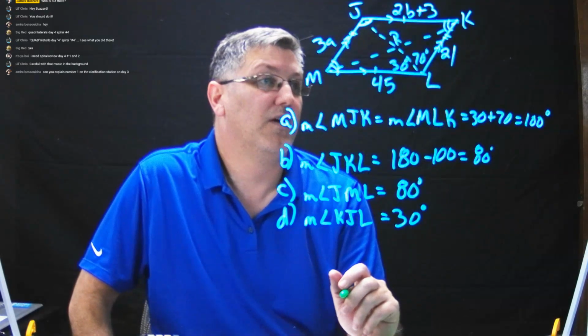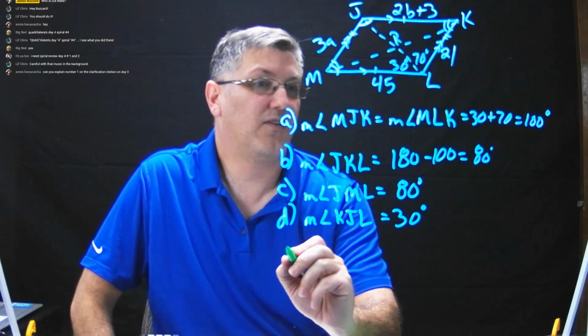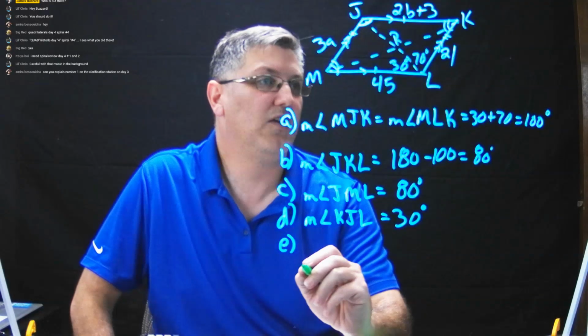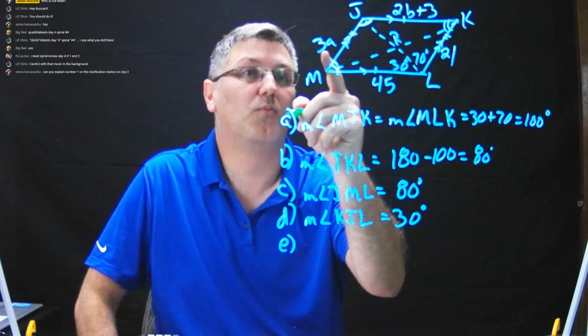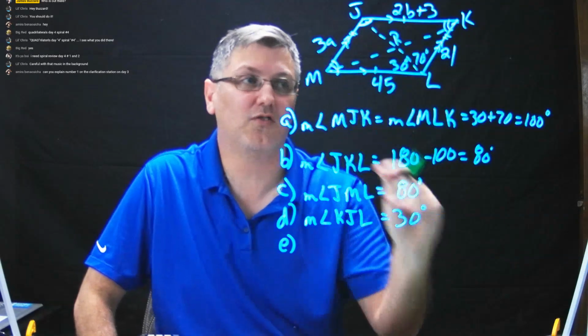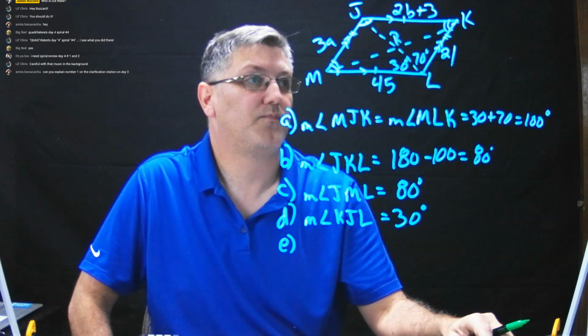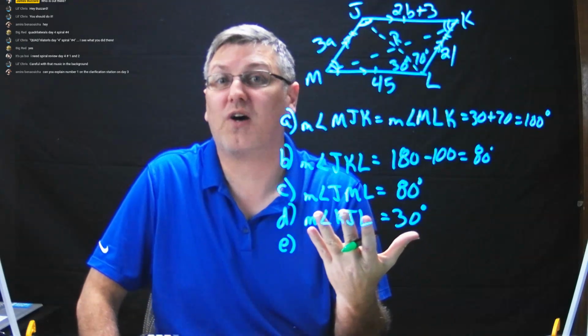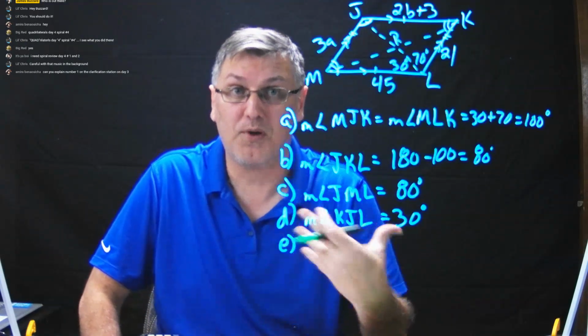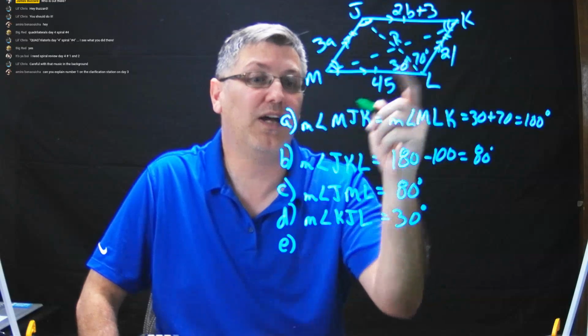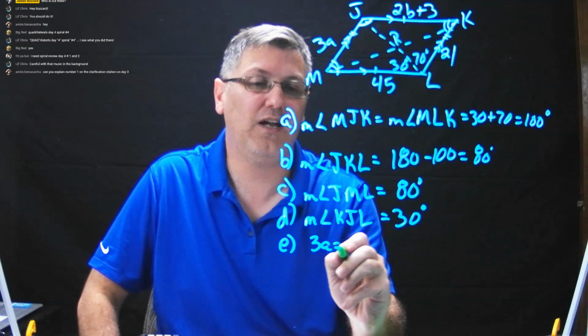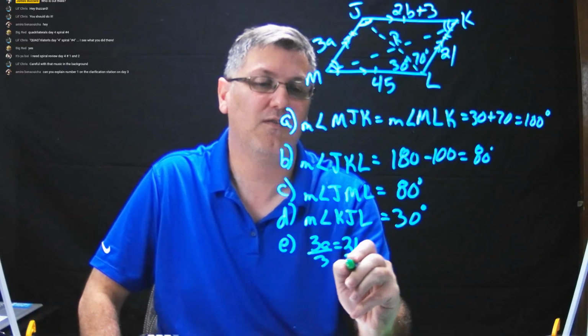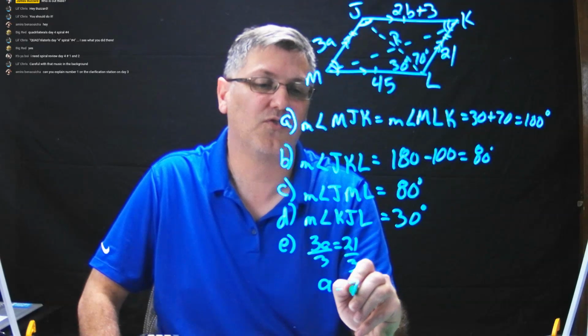All right, E simply says solve for A. Because these two segments are congruent, congruent leads to an equal sign for algebra. We do this a bunch in class. So 3a equals 21. Divide by 3, and I get a equals 7.